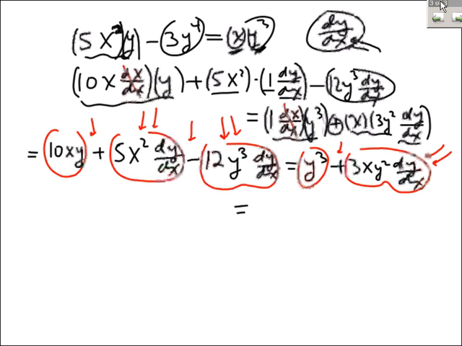So I'm going to go term by term. The first term goes to the other side, since dy/dx is to the left. So the first term crosses over the equal sign, and the sign changes. It's understood to be positive because there was no sign, and now it changes. The next term has dy/dx. I leave it just where it is. Positive 5x squared dy/dx.